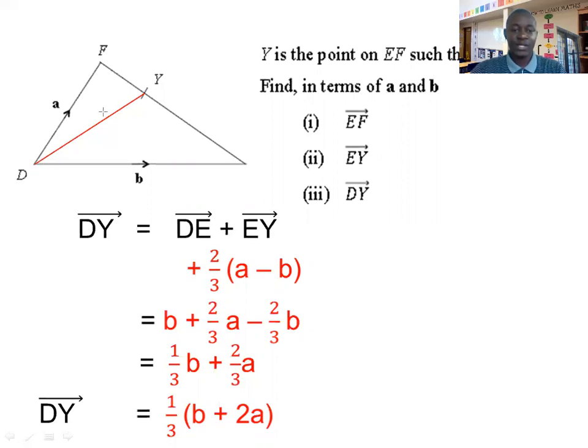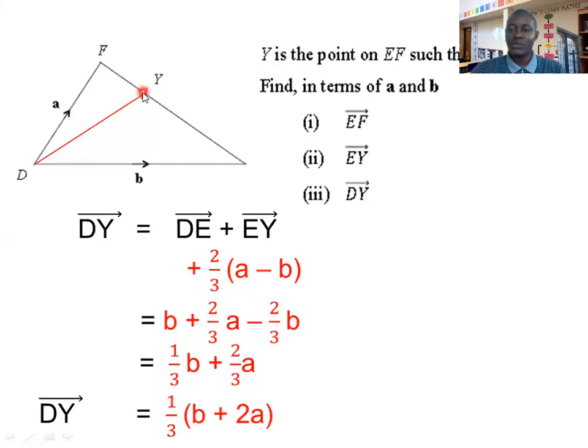Now the vector DY will be the vector whose start point is D and ends at Y. So that will be the same movement as D to E and then E to Y. We have found EY and we know D to E. The vector DY could also be taken as the vector DF plus FY.